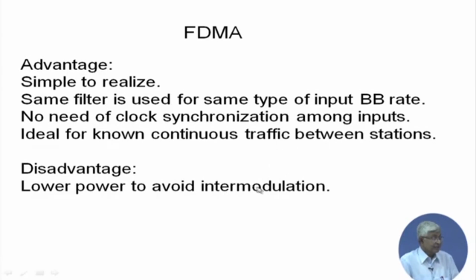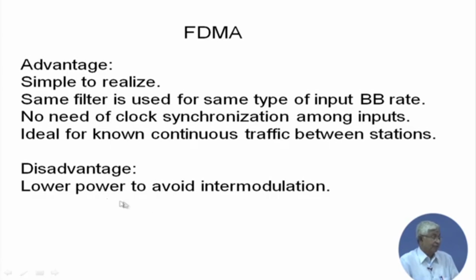We will discuss that in much more detail later, but to avoid those spurious, you have to go back to the linear region, which is called back off, and back off means you will be transmitting less power. So, therefore, your EIRP will actually be lower than the capacity, to avoid those spurious. So, it will be lower EIRP operation.